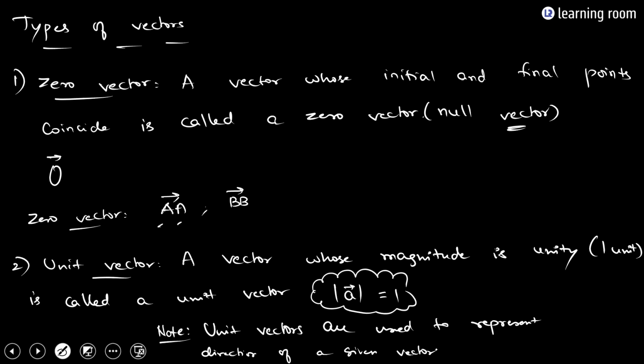And the symbol used is A with a cap on top of it. So this is the symbol used for a unit vector. So how do you read it? You either read it as A cap or A hat.